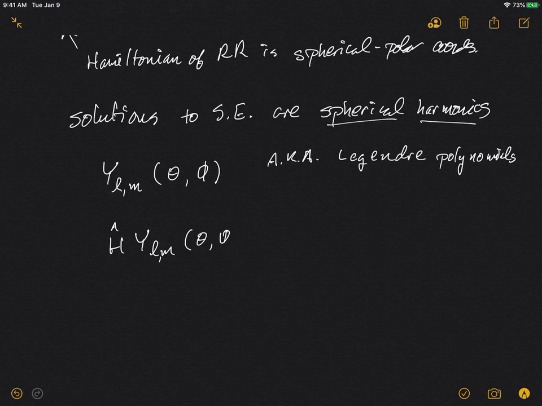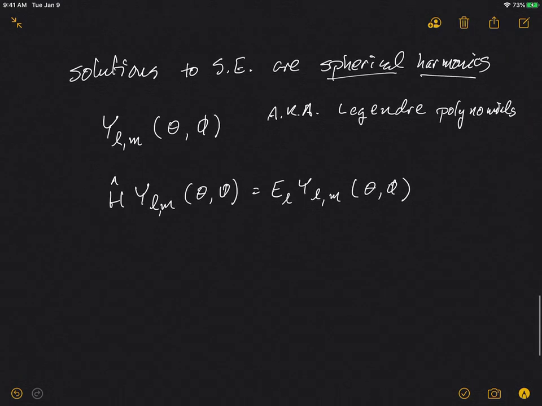So we act our Hamiltonian, which is a derivative with respect to theta and phi, on our YLMs that are functions of theta and phi, and we get back some energy, which it turns out actually depends on L. So that's our Schrodinger equation, H psi equals E psi. In this case, the wave function psi is this spherical harmonic.